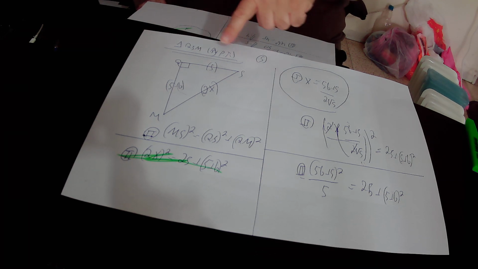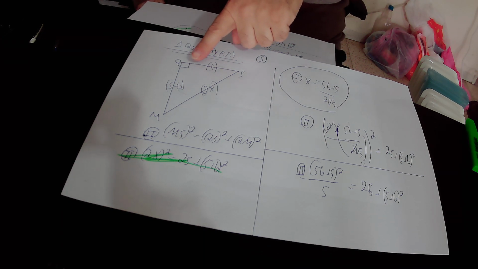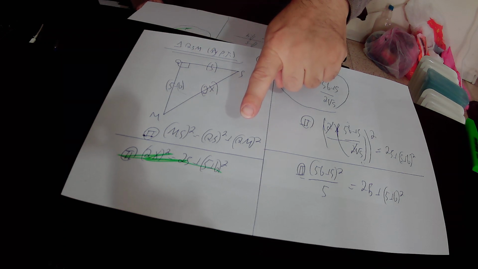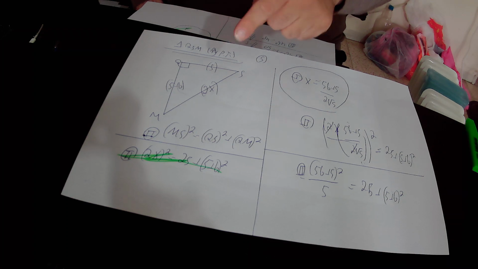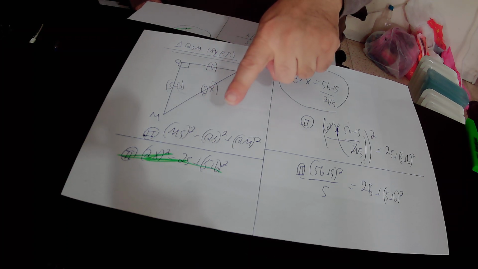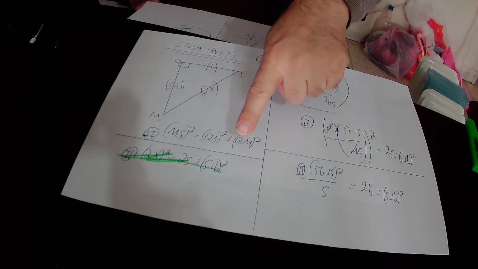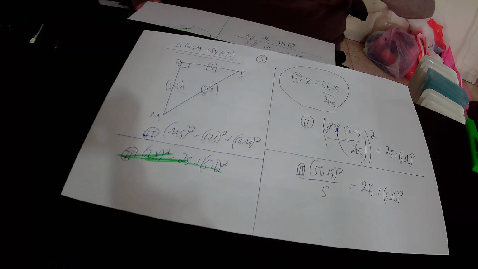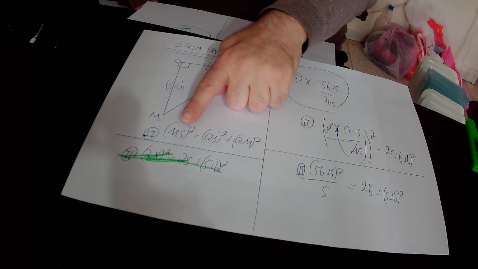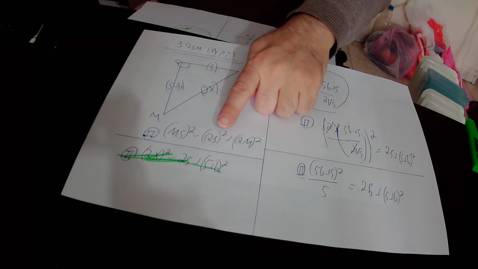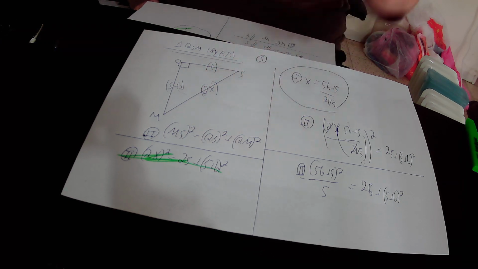QS is 5, therefore QS squared is 5 squared, that's 25, plus QM squared. QM is 5 plus B, therefore QM squared is (5 plus B) squared. So, in conclusion, according to equation number 2, (2x) squared equals 25 plus (5 plus b) squared.